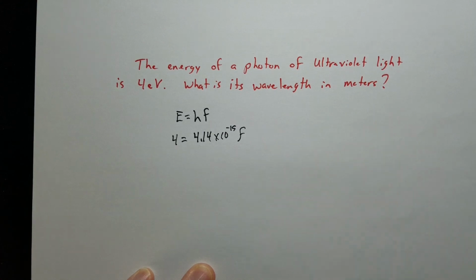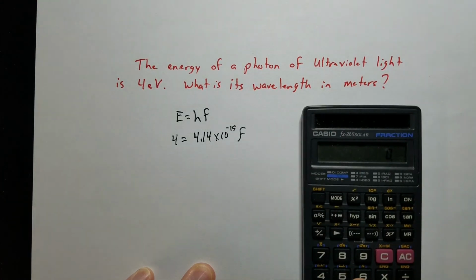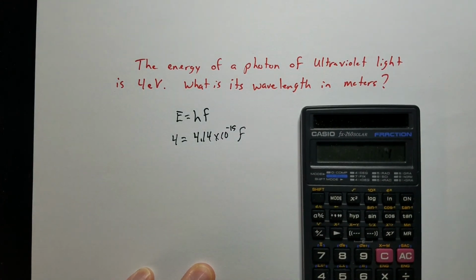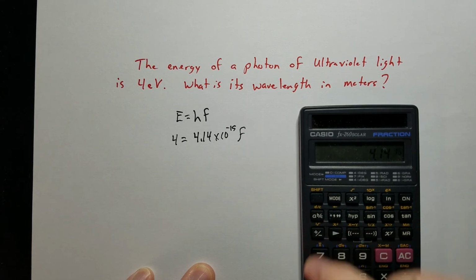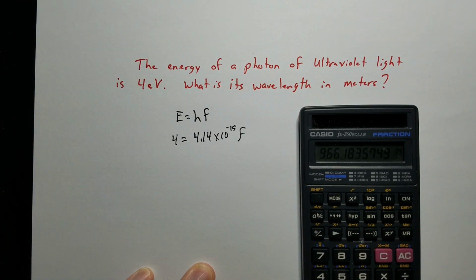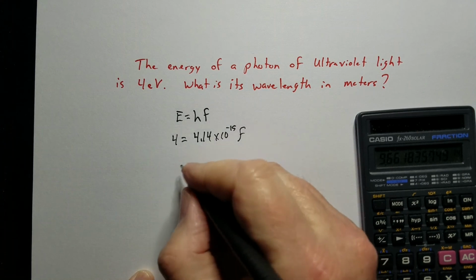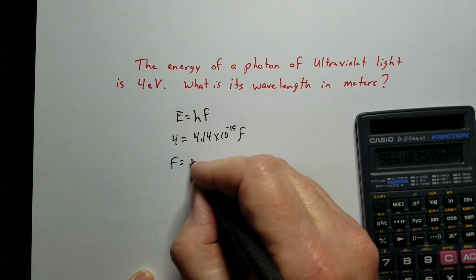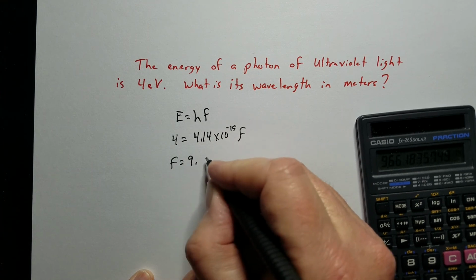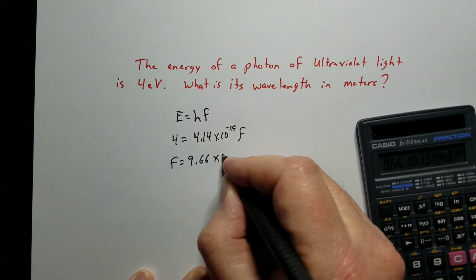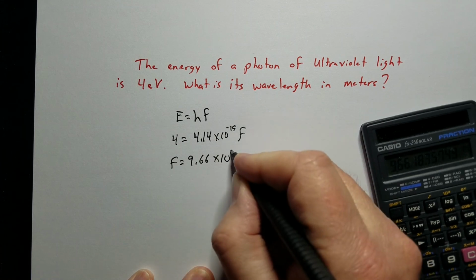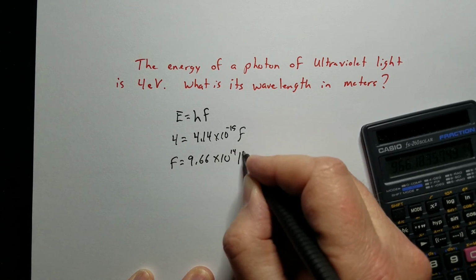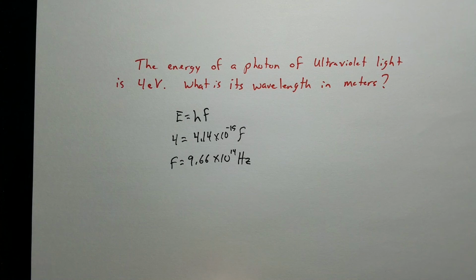We can figure out the frequency. So 4 divided by 4.14 times 10 to the negative 15. And I get a frequency of 9.66 times 10 to the 14th power, and that will be in hertz.